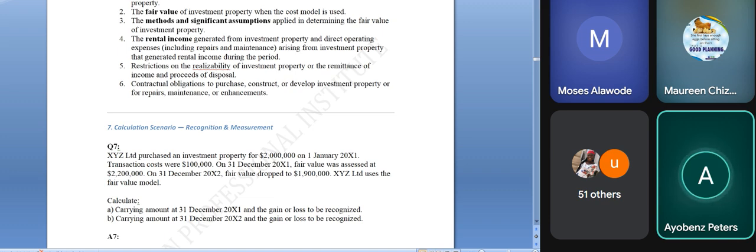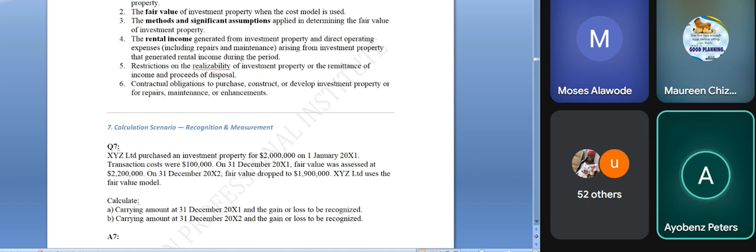So the accounting treatment is you debit the asset and credit OCI with the revaluation gain. Please take note of that. Very, very important. You credit OCI.